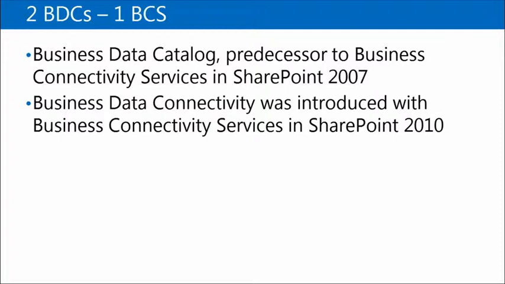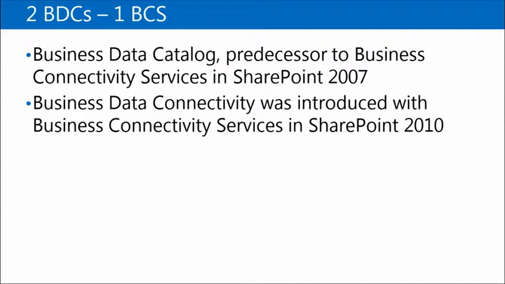Oh yes, absolutely. So one of the funny things I think, if you look back in the terminology, if you're searching through TechNet or MSDN and you come across the business data catalog, you'll know that you're looking at documentation written for SharePoint 2007, because with the introduction of the business connectivity services in SharePoint 2010, they actually changed the last C in the BDC.